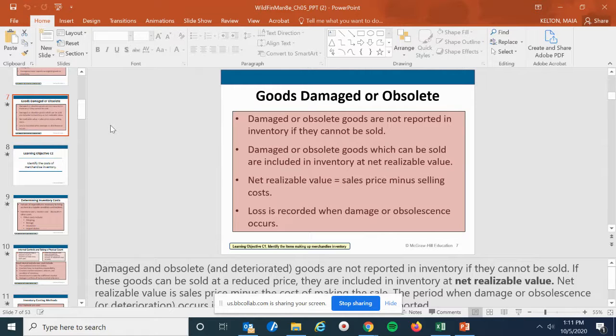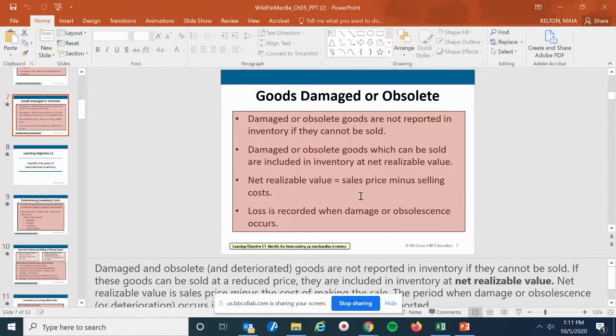There may be damaged or obsolete goods that can be sold for a lower price. If we have those damaged goods that can be sold, then we need to figure out what the net realizable value of those goods is and determine whether the company will take a loss for damage or obsolescence.